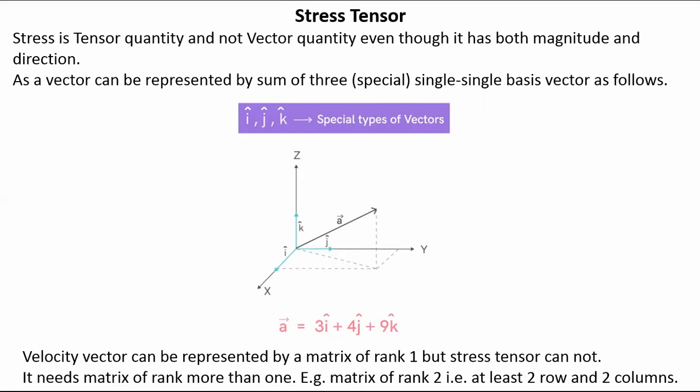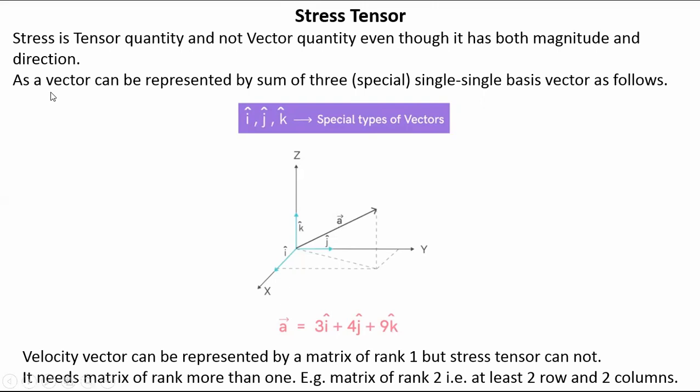Like this, stress is a tensor quantity and not a vector quantity, even though it has both magnitude and direction. Let us say a vector can be represented by sum of 3 single basis vectors. That means let us say this i cap is a single basis vector, j cap is another single basis vector, and k cap is also another single basis vector.